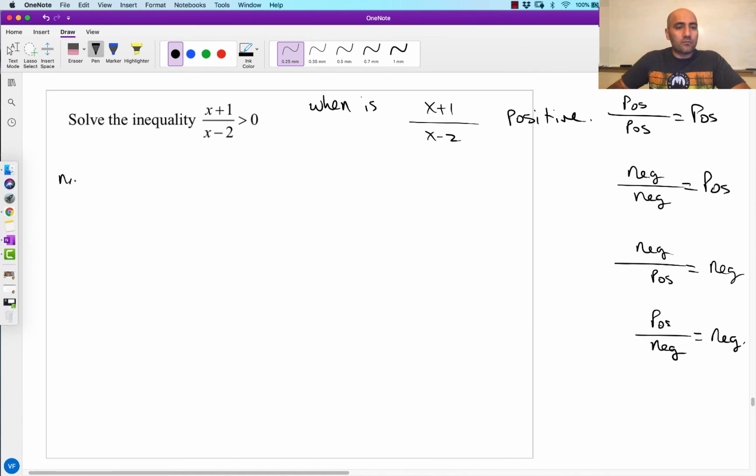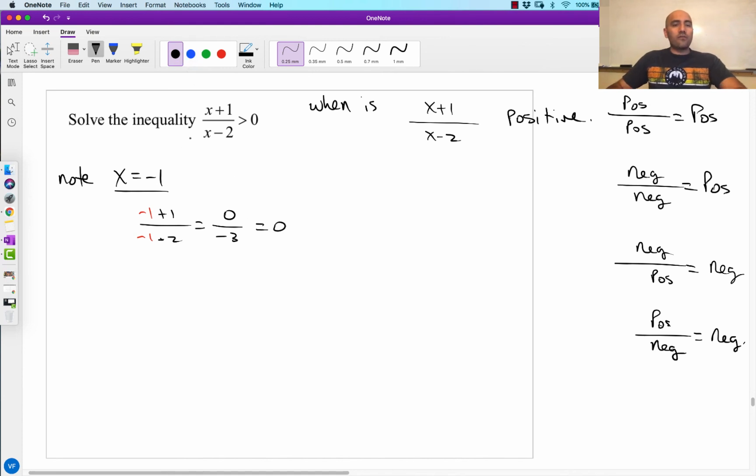So note that x equals -1 results in (-1 + 1) divided by (-1 - 2), which results in 0 all over -3, or just 0.